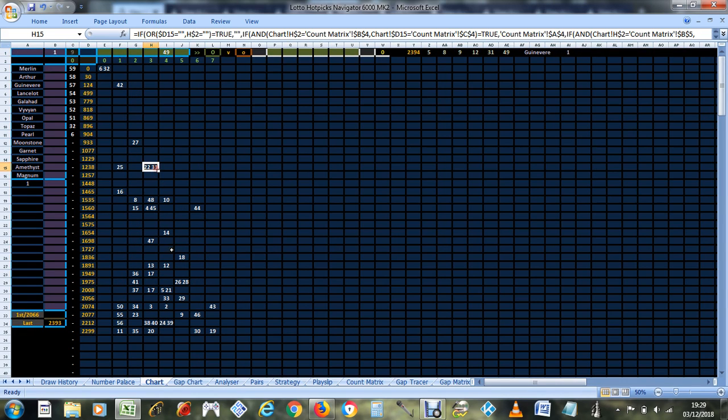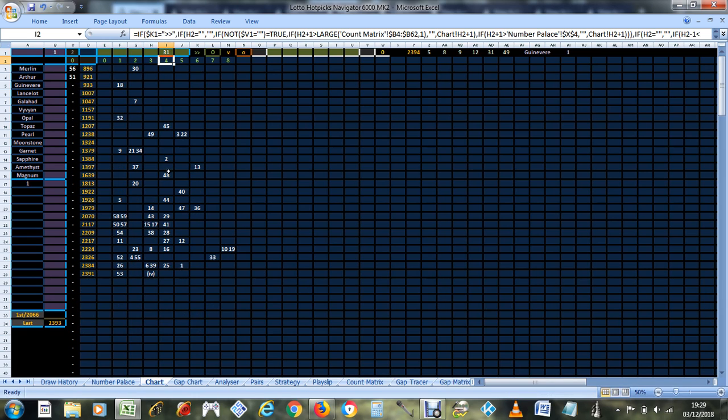So you can see 31 on the edge of the chart for numbers paired with 49. So I expect 49 will be on the edge of the chart for numbers paired with 31. Well, it's not on the edge, but it's near the edge.